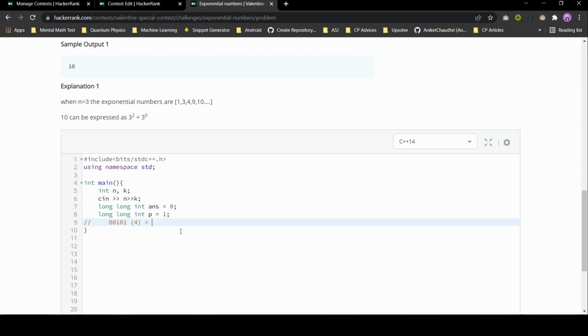So when we are converting into decimal representation, we will use 1 into 4 power 0, then 0 into 4 power 1, then 1 into 4 power 2, and so on.